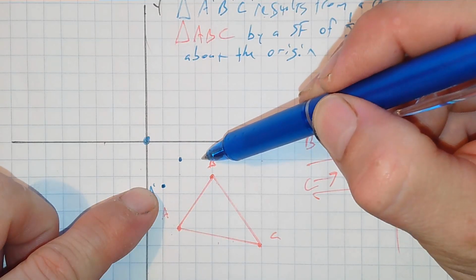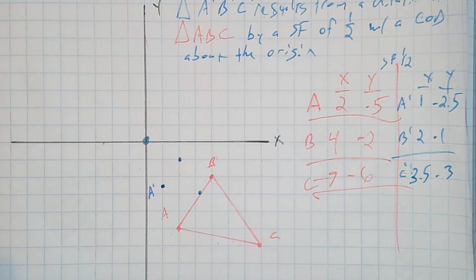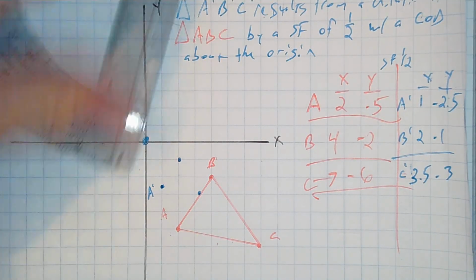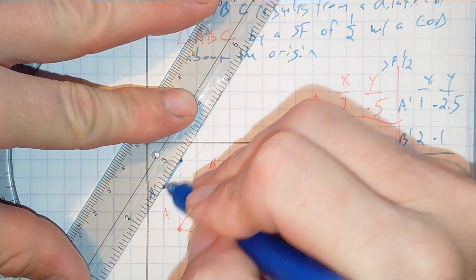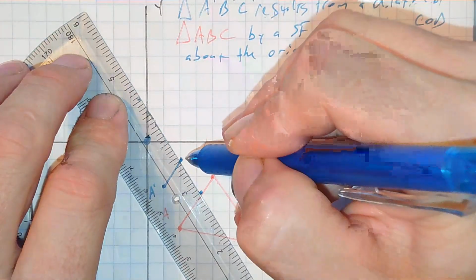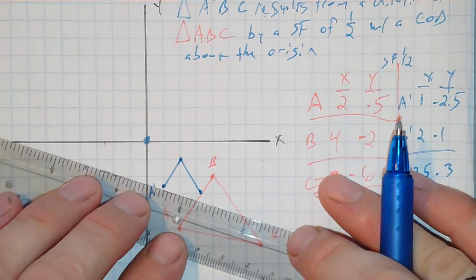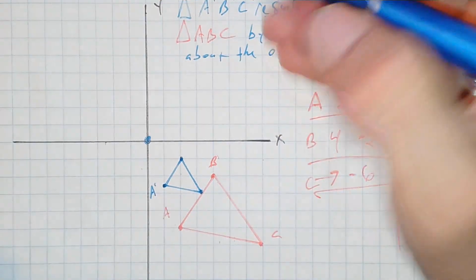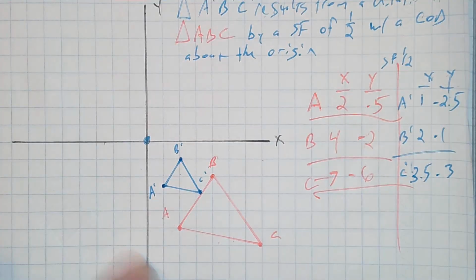Yep, 1, 2, 3. There is my new dilated triangle. Like this. This is A prime, this is B prime, and this is C prime.